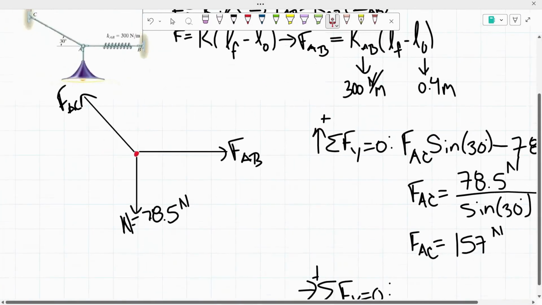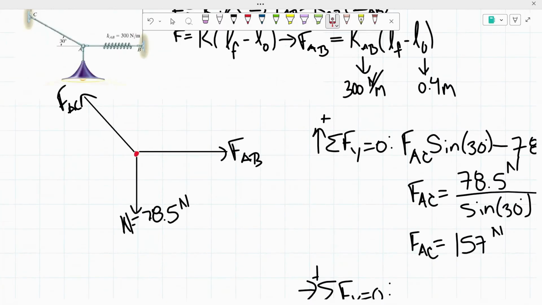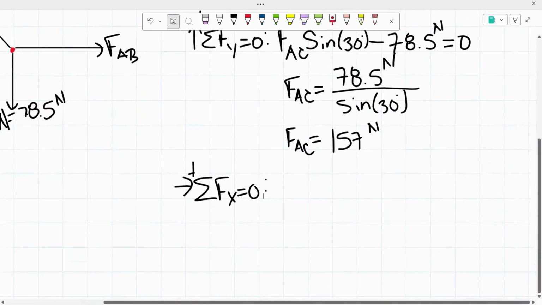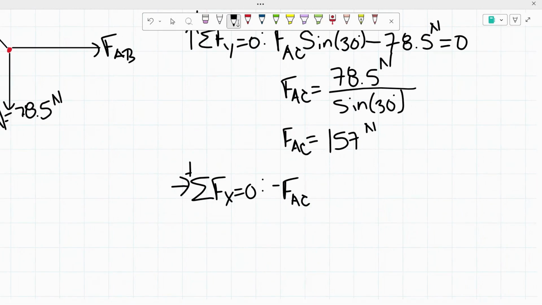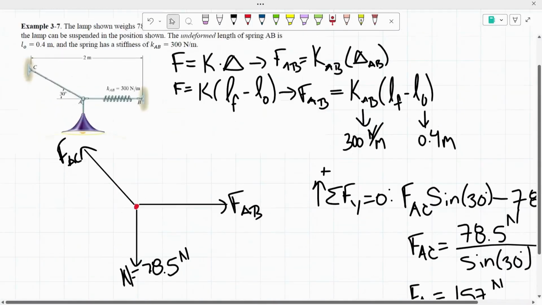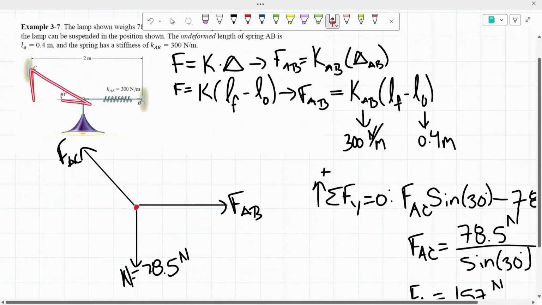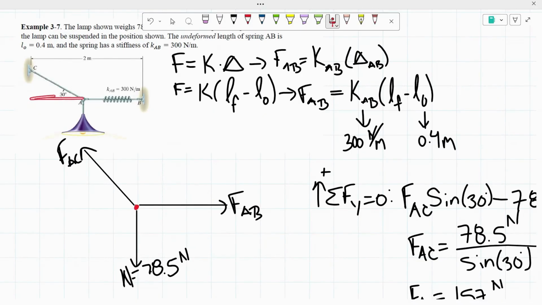Remember that we mentioned that the force of AC is diagonal, so it has vertical and horizontal components. We already found the vertical component, but this also has a horizontal component. The force is acting to the left, so that's negative. So we have negative F of AC, and since we're trying to find the horizontal component of it, looking at it as a triangle, this time we're trying to find the adjacent side with correspondence to this angle right here.